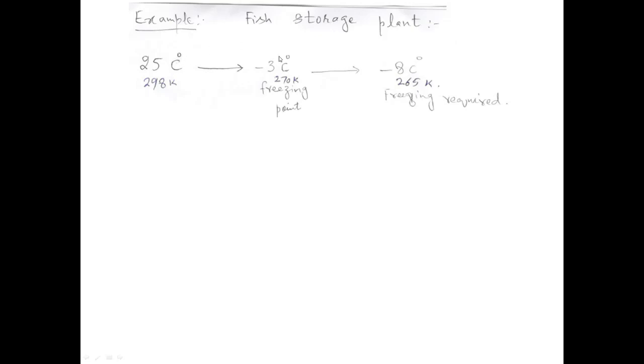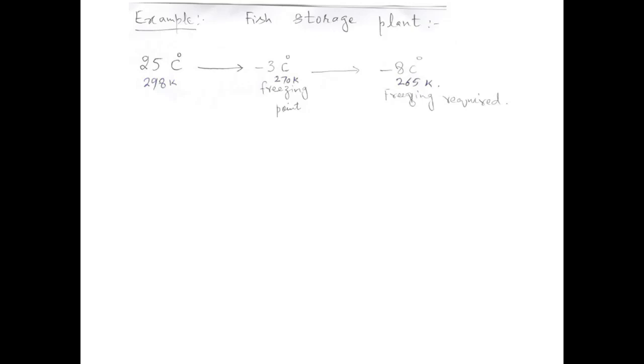Once the 20 ton of fish reaches minus 3 degrees centigrade, inside the fish there is water, blood, so that means there is a phase change process. So 25 degrees centigrade to minus 3 degrees centigrade is sensible cooling.